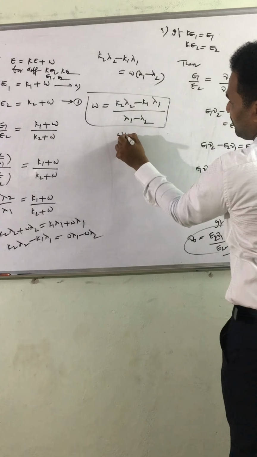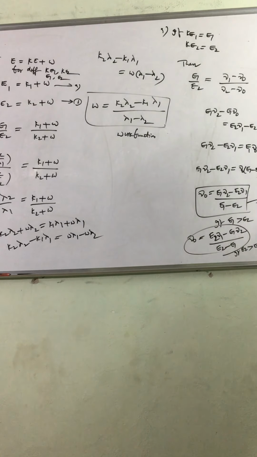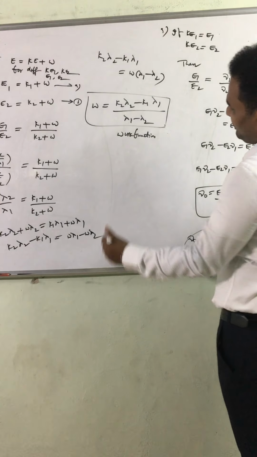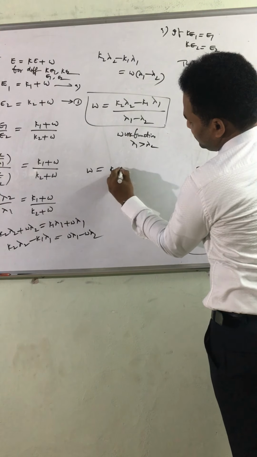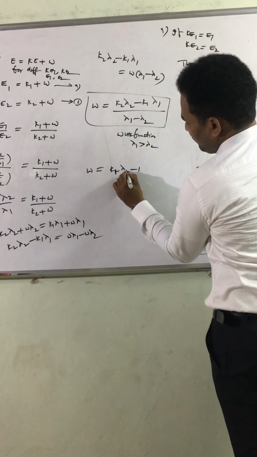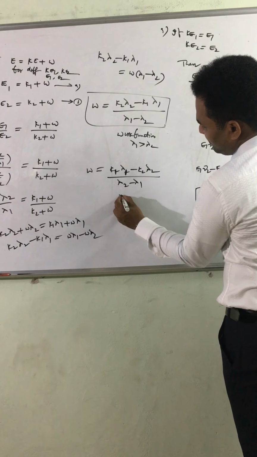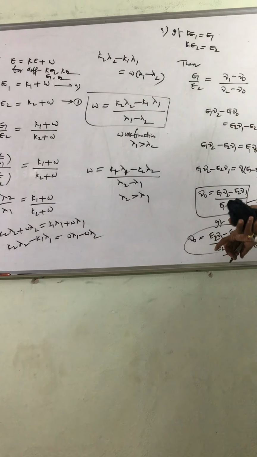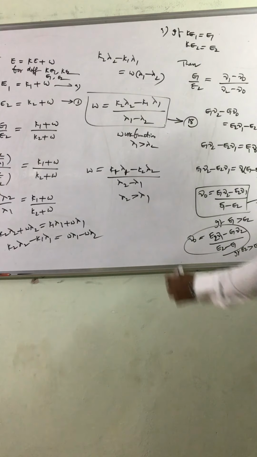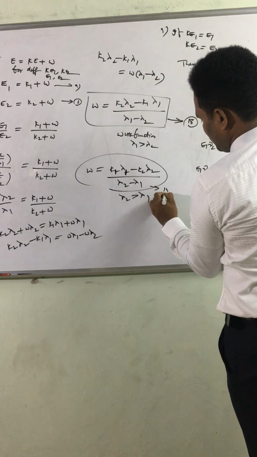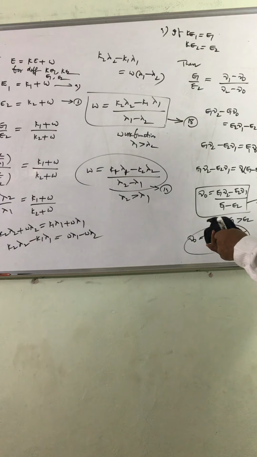Very, very important for the work function, for different kinetic energies and incident wavelengths, when lambda 1 is greater than lambda 2. If lambda 2 is greater than lambda 1, then W is equal to (K1 lambda 1 minus K2 lambda 2) by (lambda 2 minus lambda 1). These are the applications of Einstein's photoelectric effect.